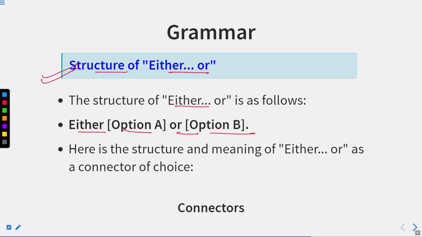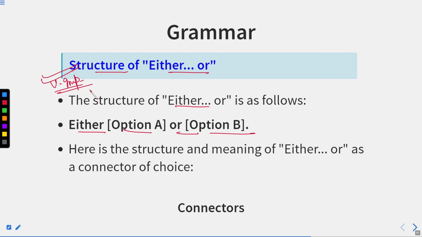Now, this one is very, very important again, because here it is mentioned that after either, we should have option A. Now, it should be kept in mind always that whatever the option A is, it should be exactly or immediately after either.